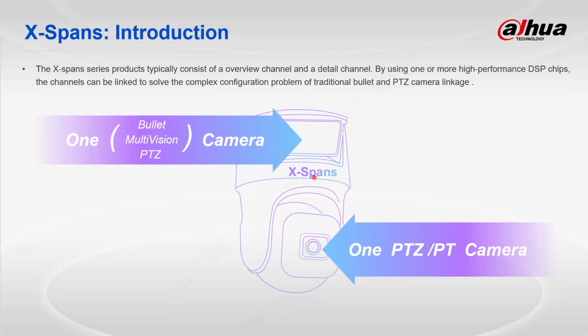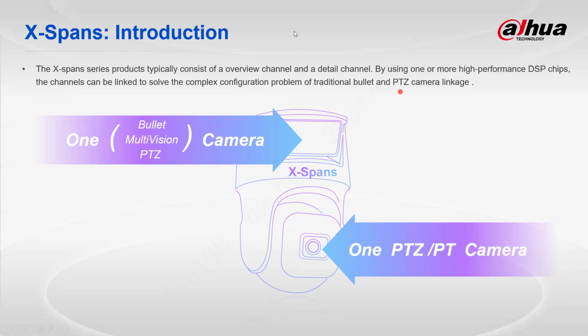So we have the bullet part and the PTZ or the PT camera at the bottom. By using one or more high performance digital signal processor chips, the channels can be linked to solve the complex configuration problems of traditional bullet and PTZ linkage, because these were done separately.